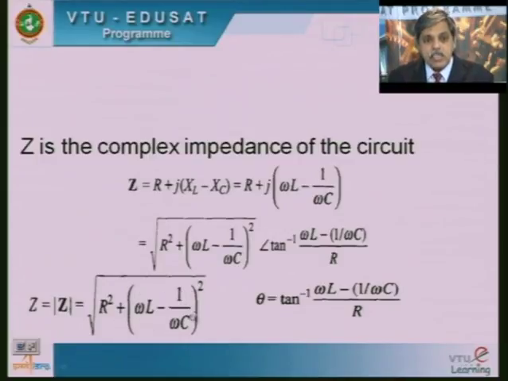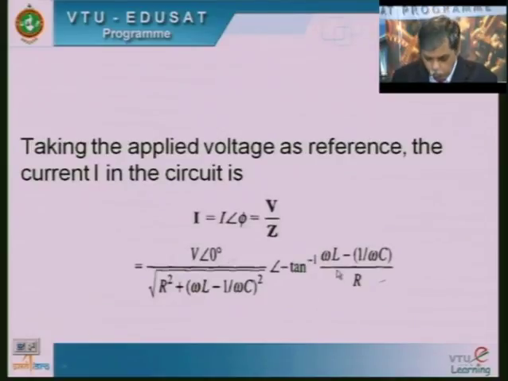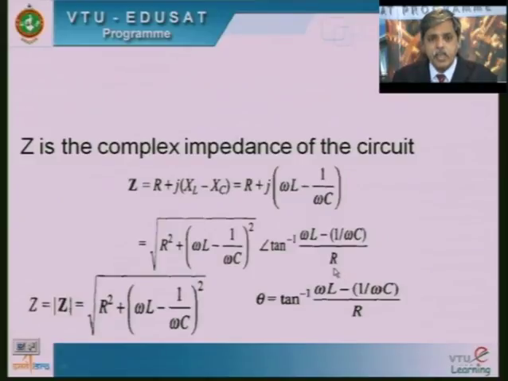Therefore the reactance term, XL minus XC, will vary, and therefore the impedance magnitude varies. When omega L minus 1 by omega C varies, the numerator in the tan inverse expression for the angle changes, and therefore the value of theta also changes. That means theta and the magnitude of the impedance are both functions of omega for given values of R, L and C.